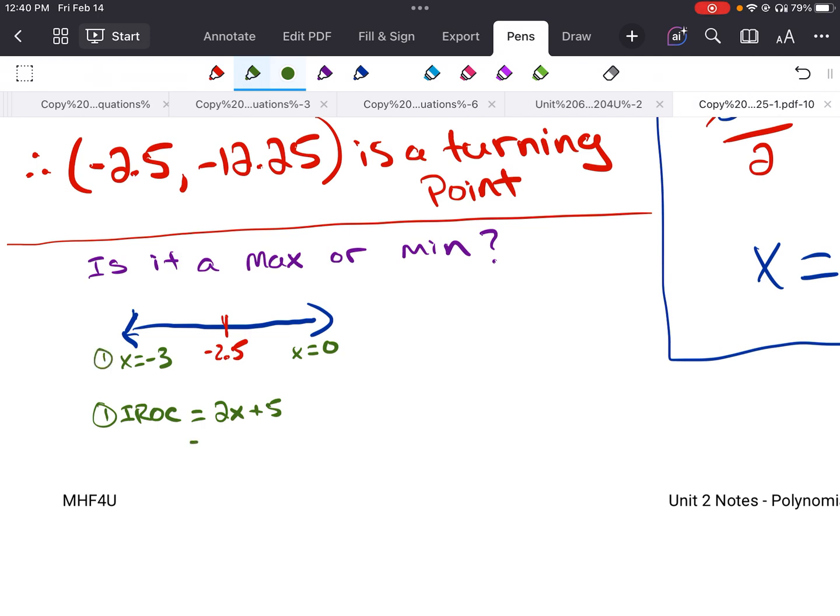So IROC equals 2x plus 5. Let's plug in first negative 3. So 2 times negative 3 plus 5 gives us negative 1. So that means as it goes to the left, it will become negative. And then in the second one, when we plug in 0, we get positive 5. So to the right of negative 2.5, it's positive.